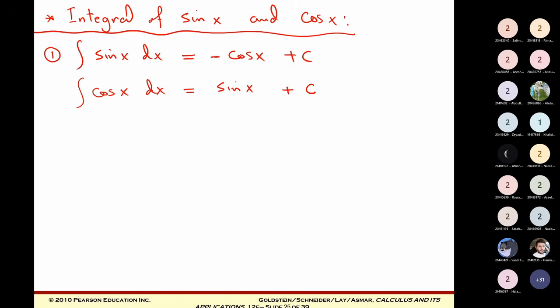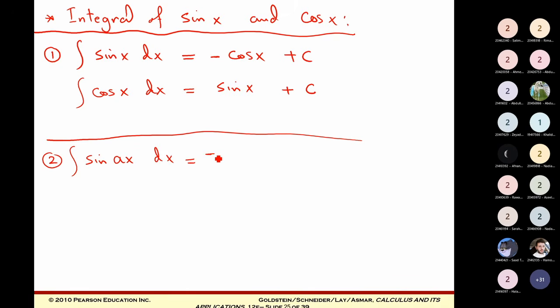Okay, now if we have a coefficient in x, for example the integral of sine ax dx, this is equal to minus cosine, put the same angle ax, but divide by a, the coefficient of what?